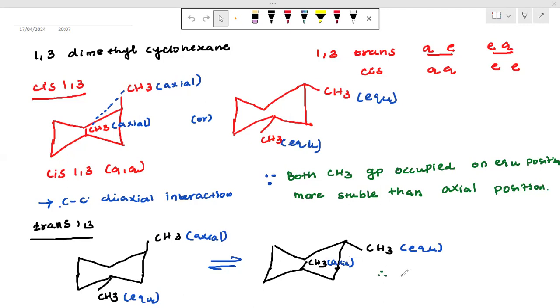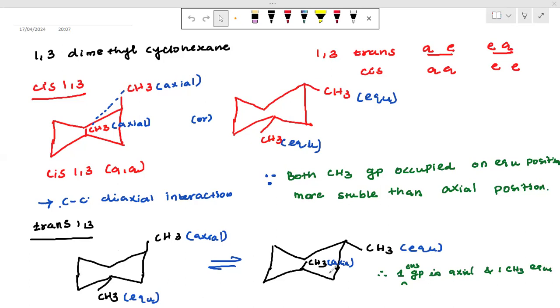Therefore, one methyl group in axial and one methyl group in equatorial position. Just follow my words and continue writing.